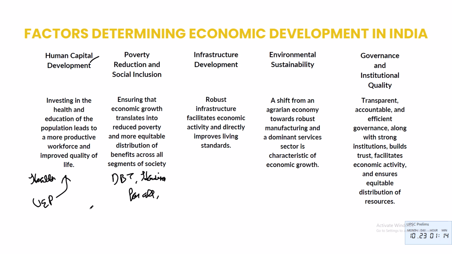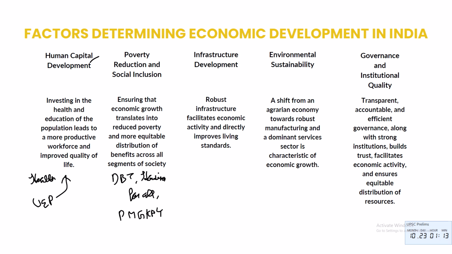These programs are very much into it. A good example is Pradhan Mantri Garib Kalyan Yojana. It provides free ration to over 800 million people, significantly impacting food security. This shows how India is trying to be socially inclusive and also help in poverty reduction.